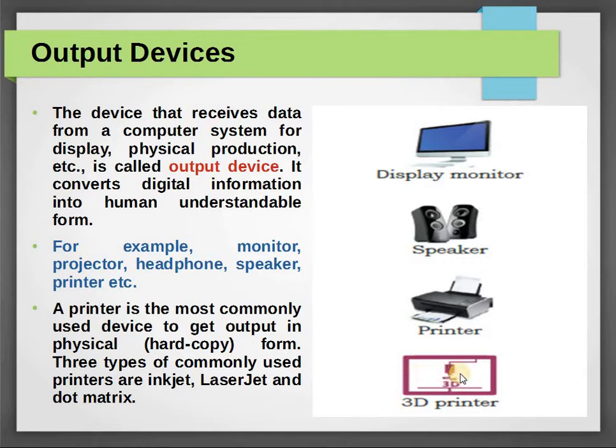A 3D printer is used to build a physical replica of a digital 3D design. These printers are being used in manufacturing industries to create prototypes of products. Their usage is also being explored in the medical field, particularly for developing body organs.